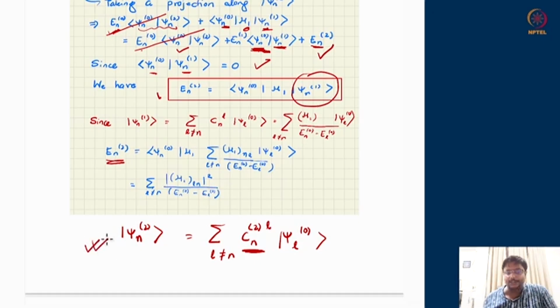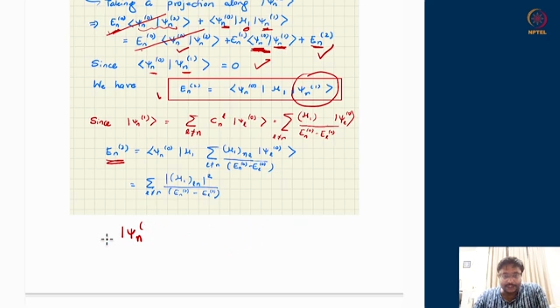So this you can take as a homework exercise, how to obtain Cn2L, and similarly how to obtain the third order correction, third order energy eigenvalue shift, and those kind of things. You will see a recurring feature. What is the recurring feature? First you obtain the first order correction to the wave function psi n1.